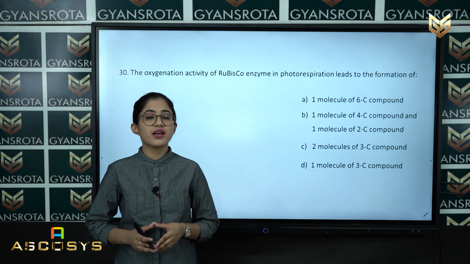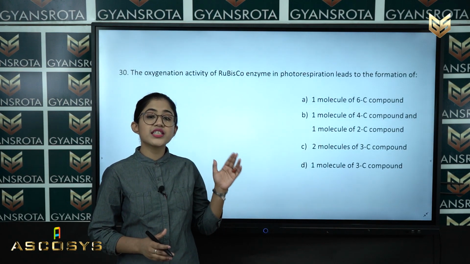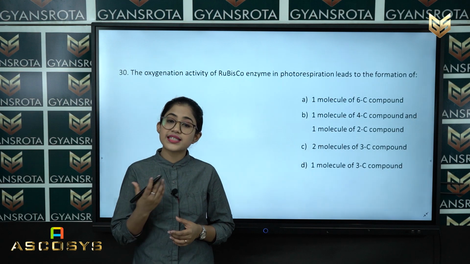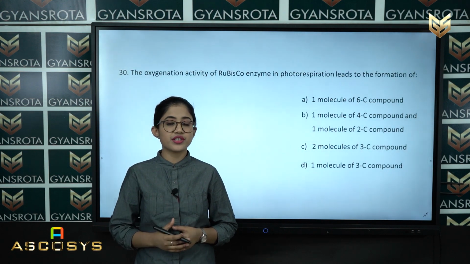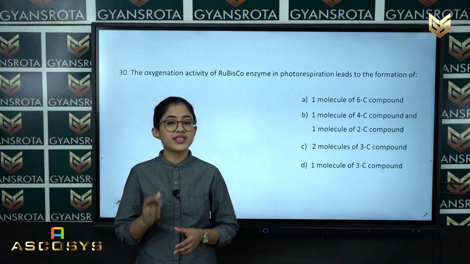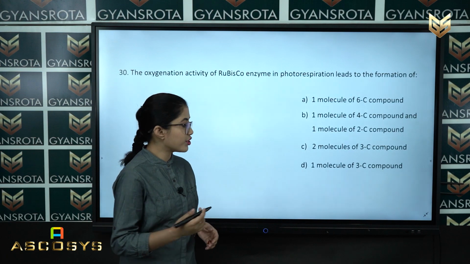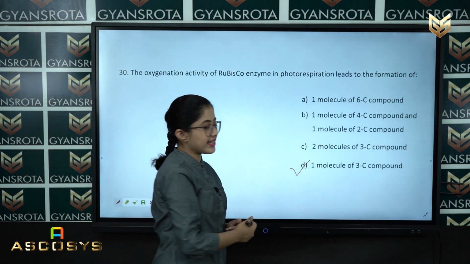Student, this is from the unit plant physiology. The oxygenation activity of Rubisco enzyme in photorespiration leads to the formation of 1 molecule of 3C compound, that is a 3 carbon compound. So option D is the correct answer.